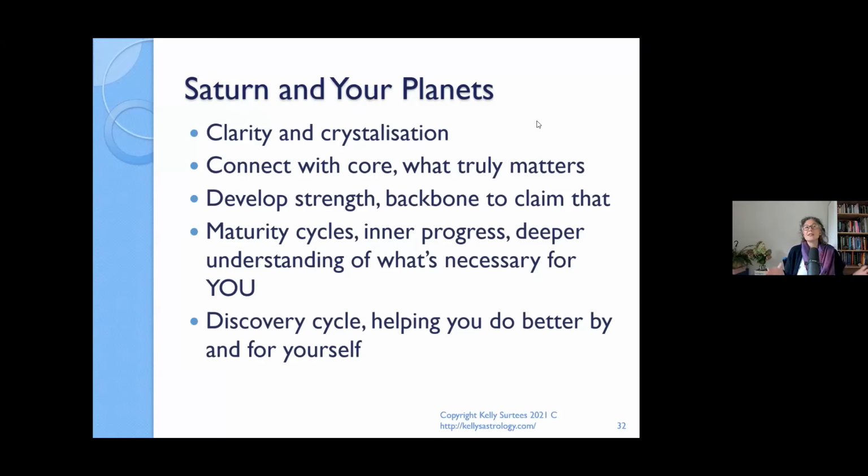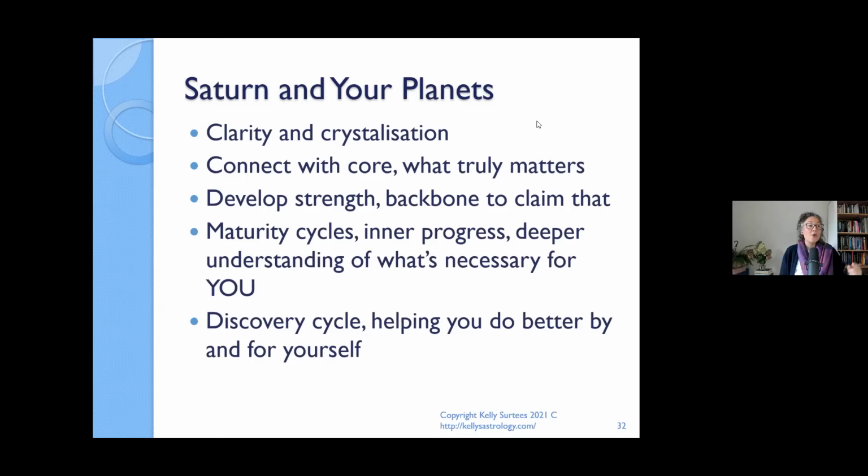With a Saturn transit to a planet in your chart, remember that each planet is a part of your being, and it represents dreams and fears. It might represent a talent or a weak spot. It represents something that you already know about yourself. And when the Saturn transit comes to that planet, you get to bring a new quality of mastery.